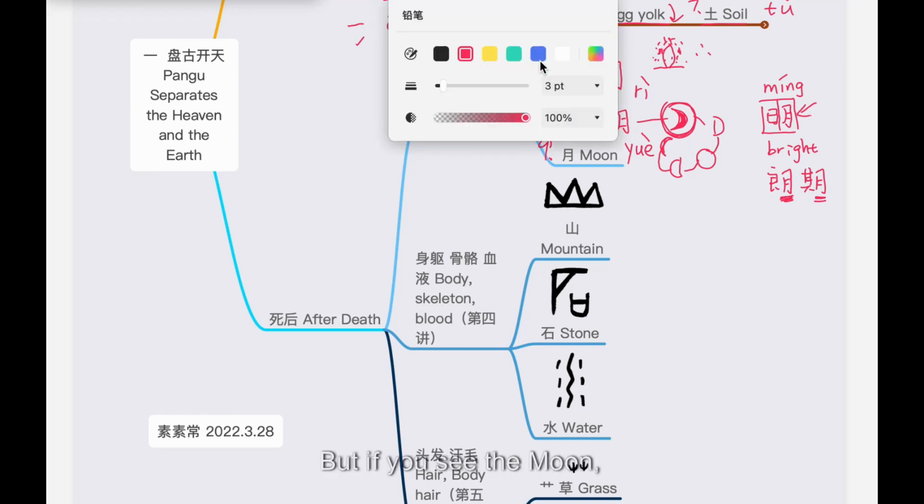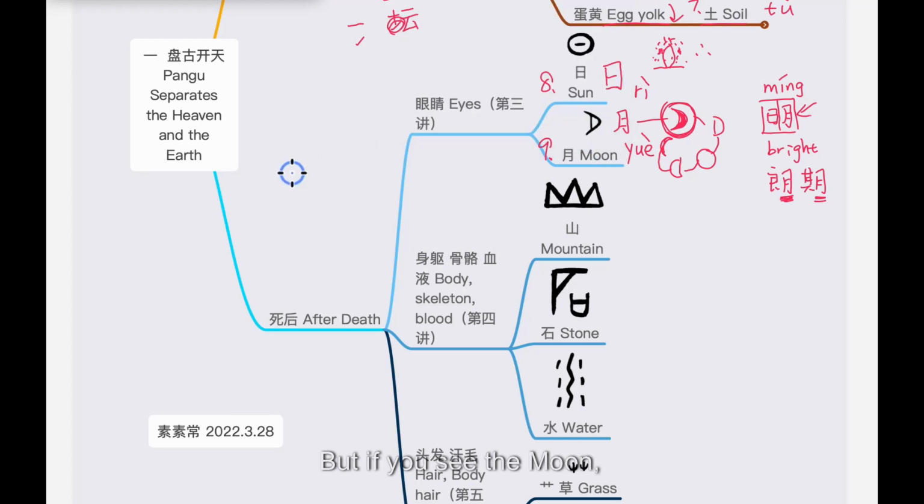But if you see this 月 on the left side of a character, it is not the moon. It is actually from this character.